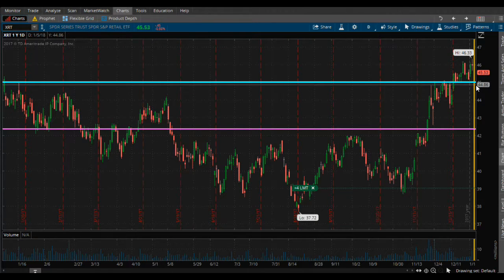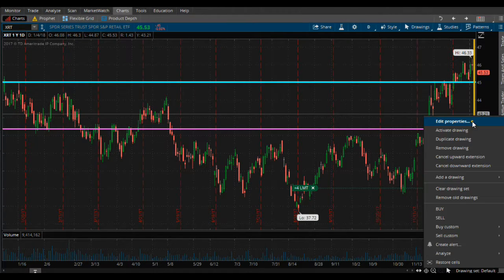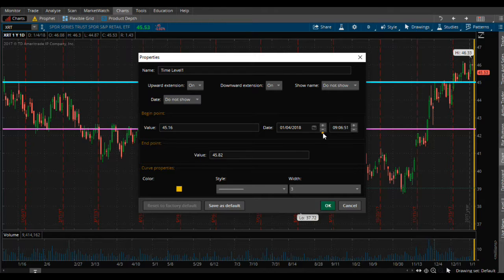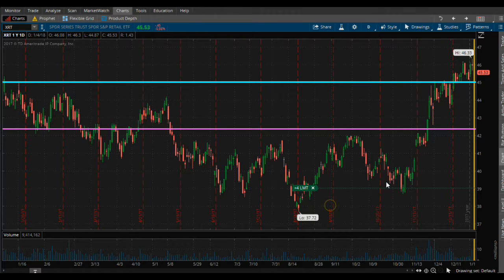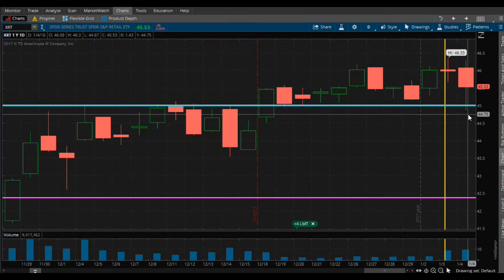One thing you will notice is that this, let me move this real quick. We're just going to move it back a day. Okay, so as you can see here in this candle, we entered the trade when it was probably at 45.1 or so, and that's why I actually got into it, because it was a pretty big move down, and I wanted to take advantage of it being so close to 45.